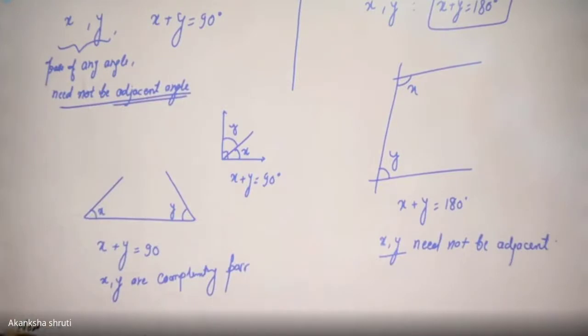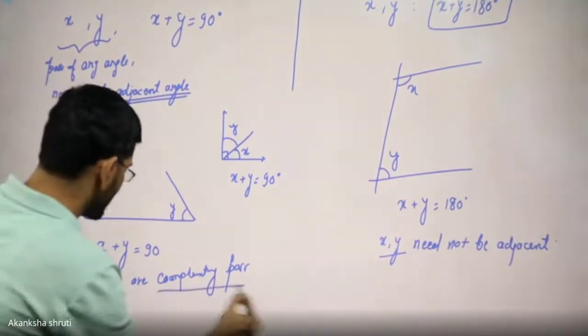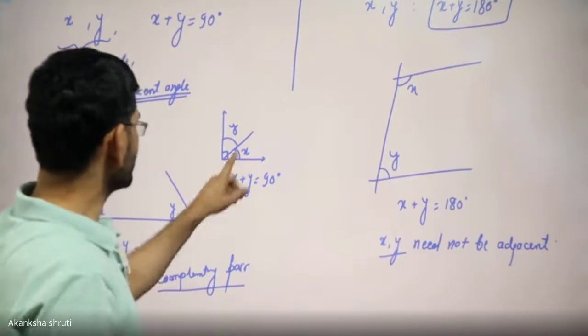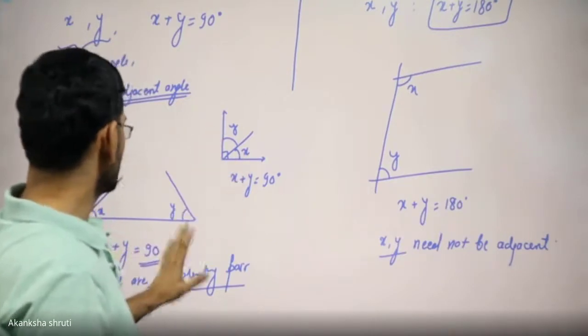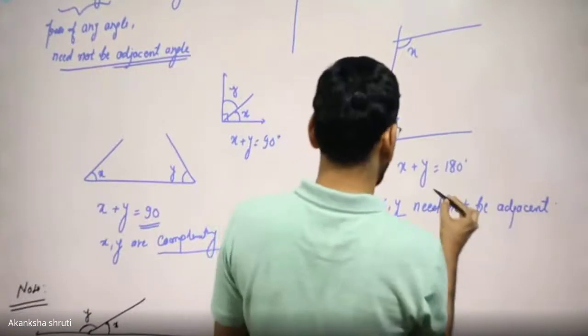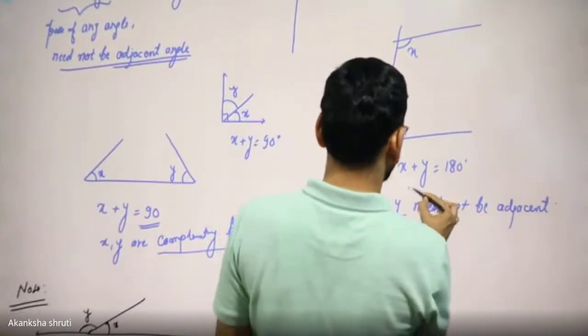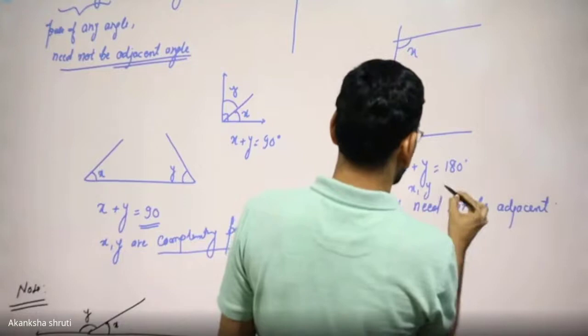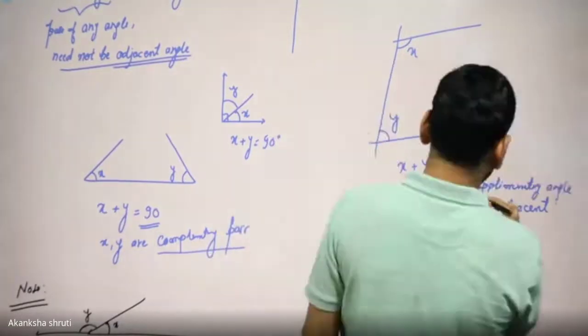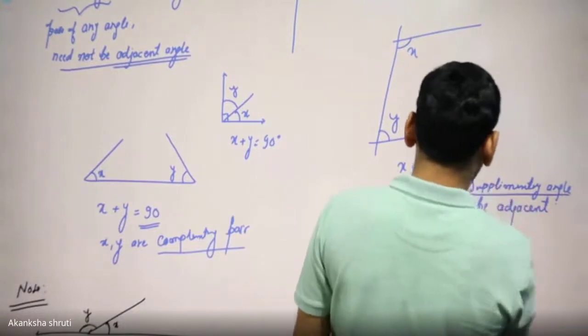Okay, students? So keep in mind very few things. Complementary simply means their sum should be 90 degrees, irrespective of whether they are adjacent or not. Supplementary simply means the sum should be 180 degrees. So these terms are very important, students.